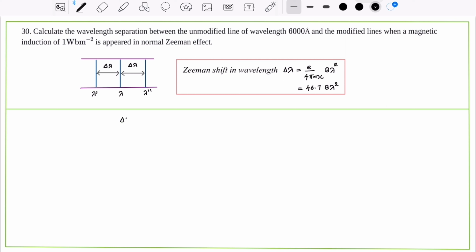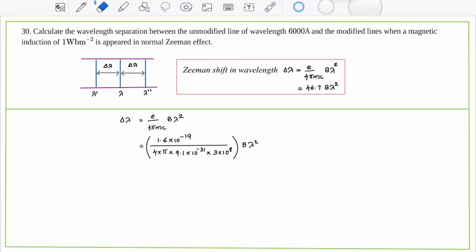The expression for the Zeeman shift in wavelength is delta lambda is equal to e by 4 pi mc B lambda square, that is equal to 1.6 into 10 raised to minus 19 divided by 4 pi into 9.1 into 10 raised to minus 31 into 3 into 10 raised to 8 into B lambda square.